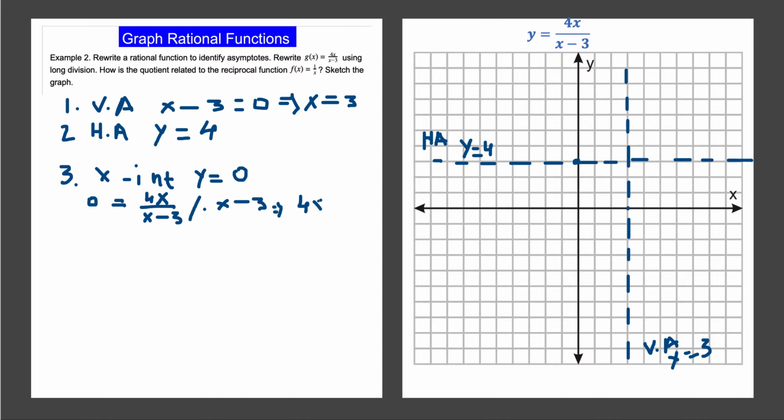Sometimes, as a shortcut, we can just take the numerator, equate it to 0, and solve for x to find the x-intercept. So x is equal to 0. This is an x-intercept, here is the 0. When x is 0, y has to be 0 here.